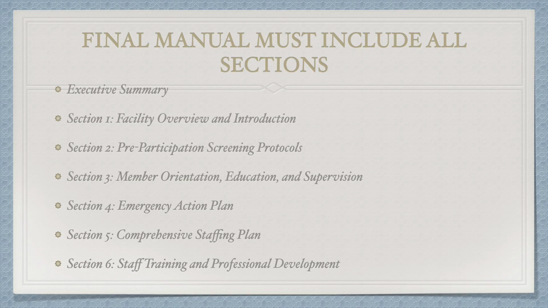Final submission must include the following: your executive summary. Section 1 is facility overview and introduction. Section 2 is pre-participation screening protocol. Section 3 is member orientation, education, and supervision. Section 4 is emergency action plan.